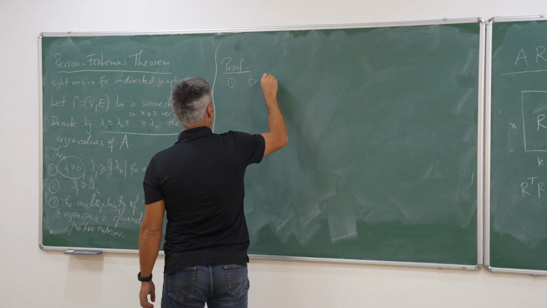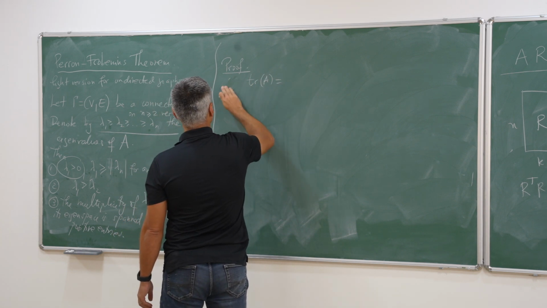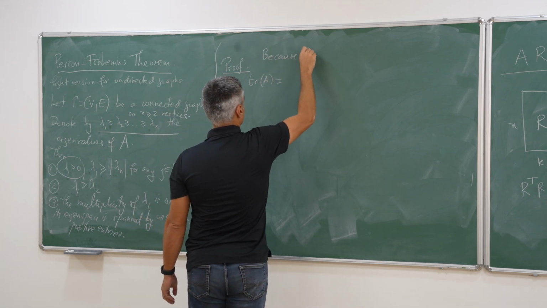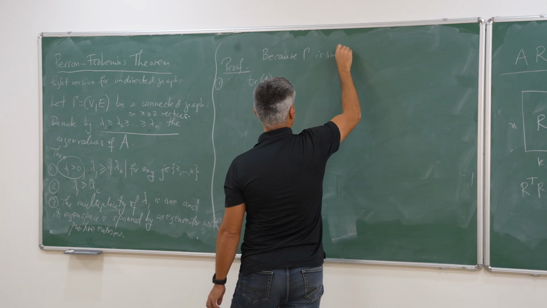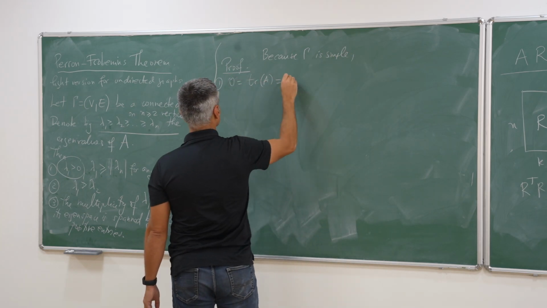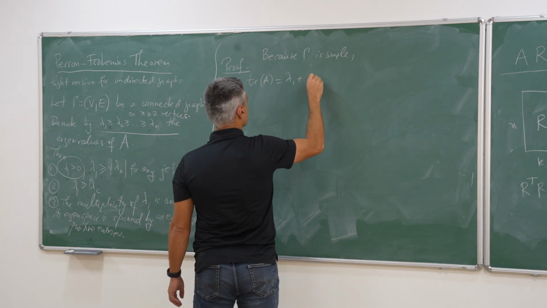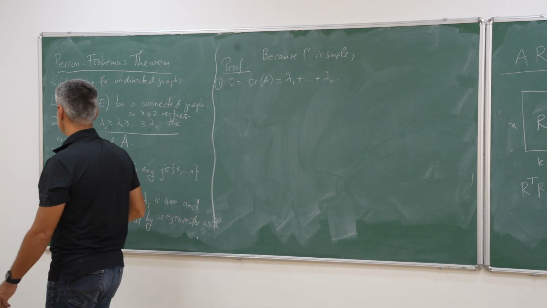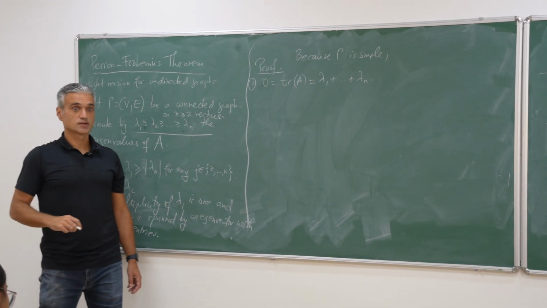Because Gamma is undirected and simple, 0 is the trace of A, which is lambda 1 plus through lambda n.